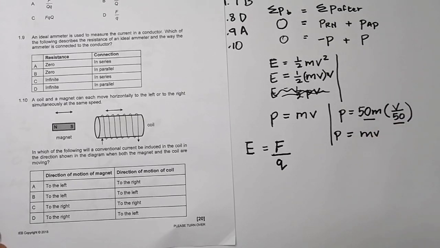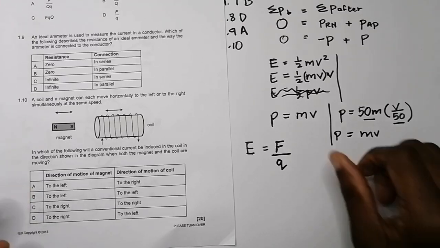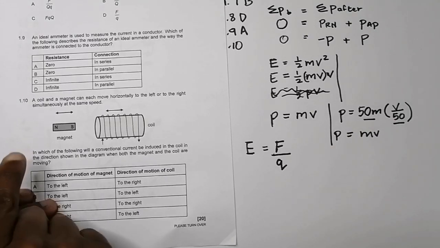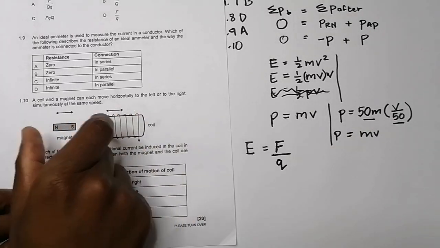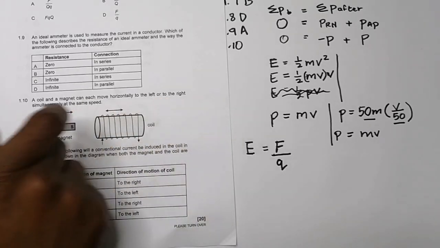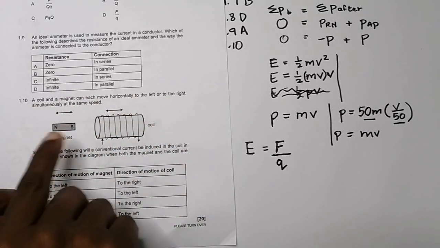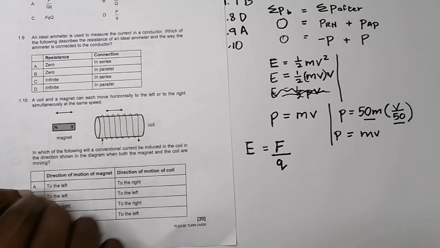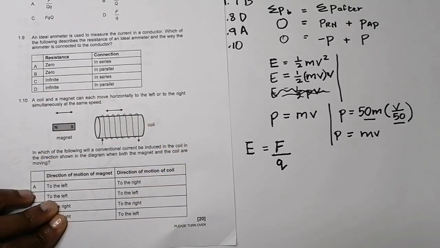Now, please, I want you to note, when we apply the law of electromagnetism, we always look at moving the magnet. If we are moving the magnet from north, it must be in such a way that it opposes the direction of the magnetic field. Remember that the magnetic field is always moving from north to south.